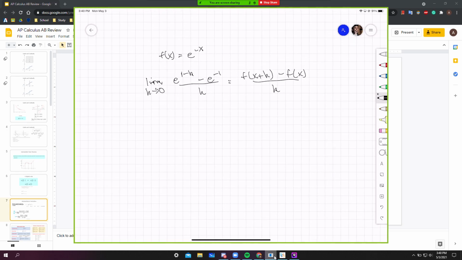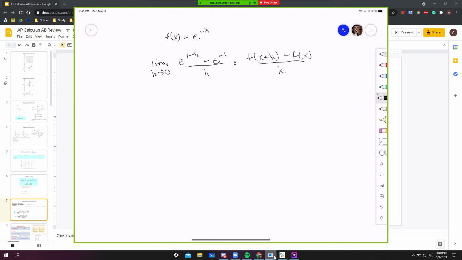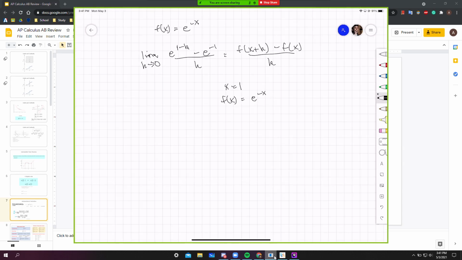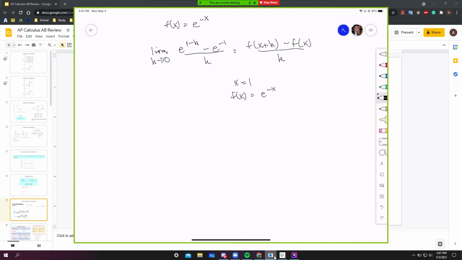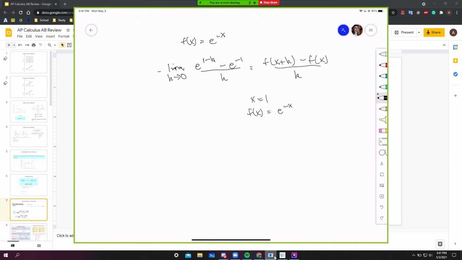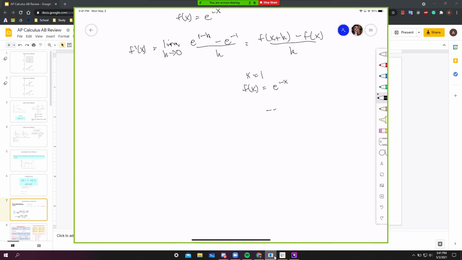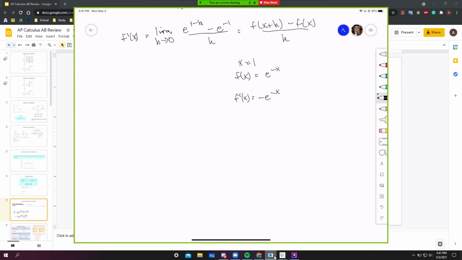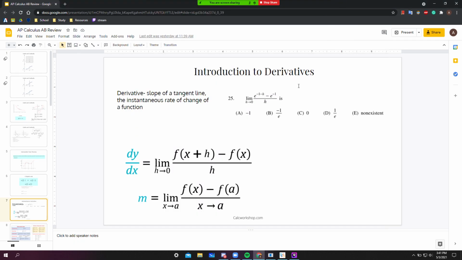So x is 1 and f of x is e to the negative x. So basically this limit is equal to f prime of x. So f prime of e to the negative x is negative e to the negative x. And then if you plug in 1, it's negative e to the negative 1, which is negative 1 over e. So B would be that answer.